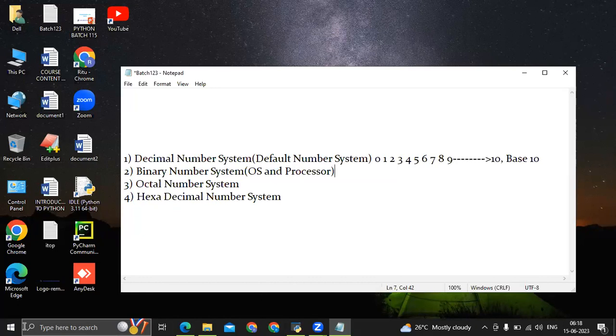It has 2 digits in this, 0 and 1. So total digits are 2, and it has the base 2.